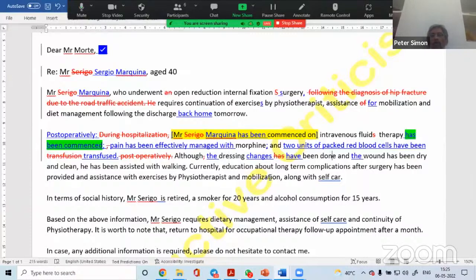Okay, and the wound has been dry and clean.